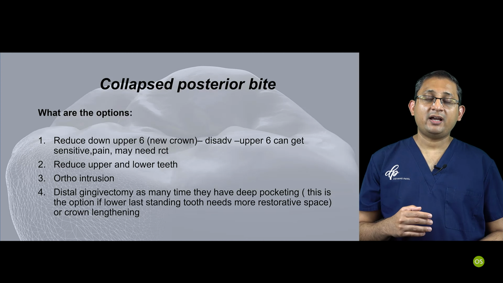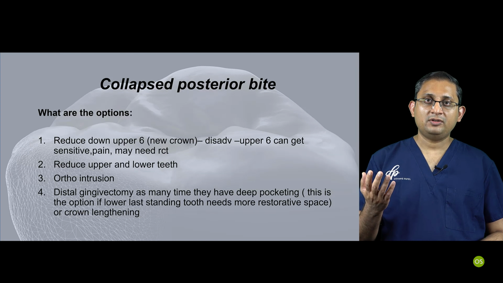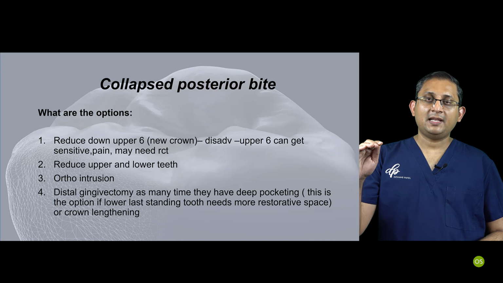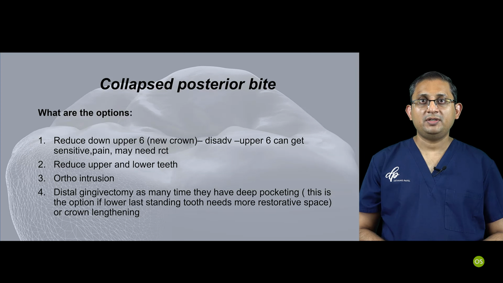That's why in this particular case, I would prefer to redo the crown on the upper arch and make sure it's on the same occlusal plane as the other teeth, and then redo the lower arch, or obviously orthodontic treatment. That would be my preferred choice.